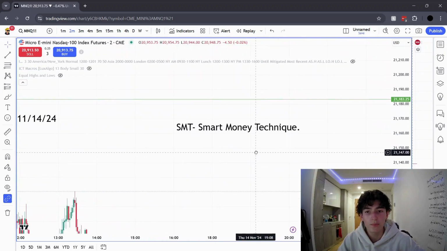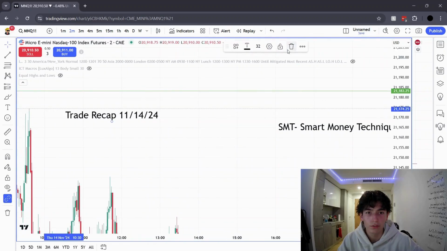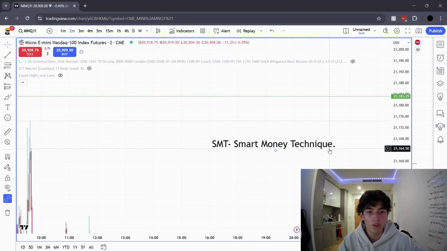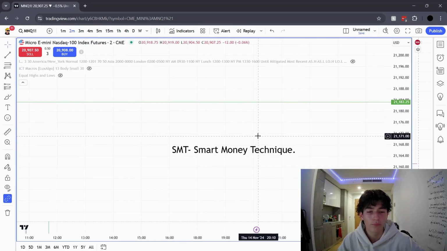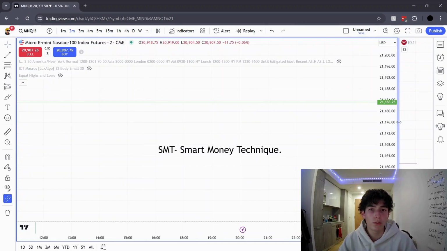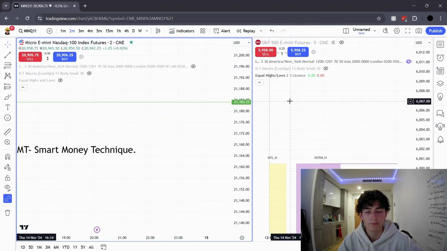Well, an SMT is basically when you have a divergence between two different indices. What does that mean? Well, when you trade futures, there's two markets you mainly want to focus on, which is NQ, NASDAQ, and ES, which is the S&P 500, right?